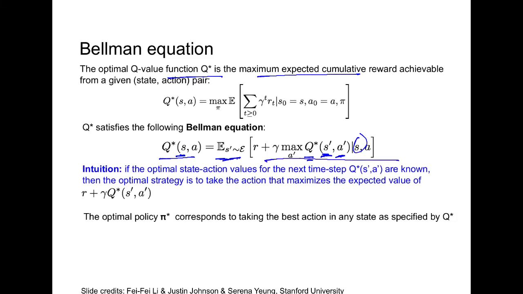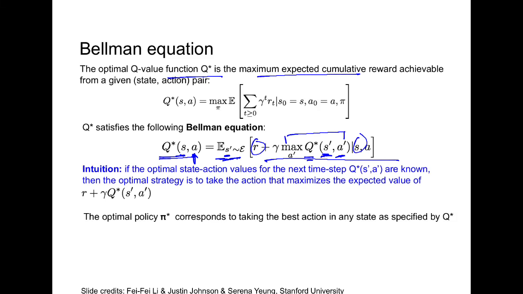So this is the maximum reward in the next state s prime, and this is the expectation taken over the probability distribution of going to the next state s prime given the action a, and you look at the reward at that step. That's how you get the Q star function.